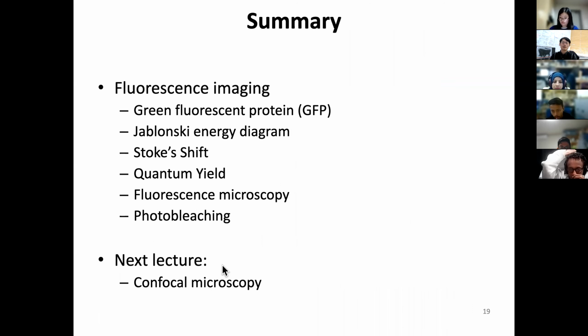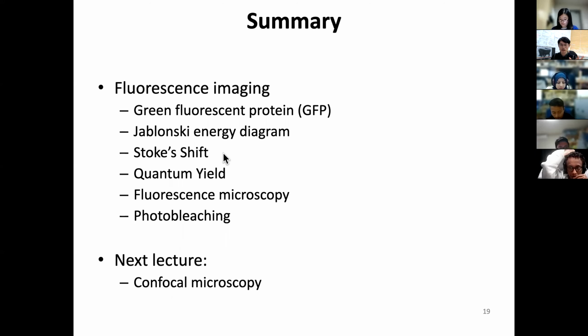All right, so let me summarize rather fast. Today we went through the fluorescence microscope, especially the tools for fluorescent proteins, the principle of understanding coming from the Jablonski energy diagram, which leads to the difference between the excitation and emission wavelength peaks.